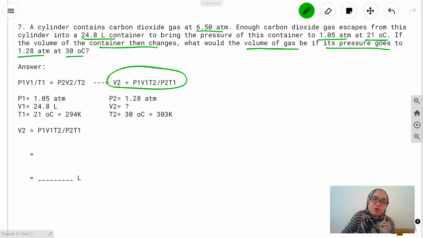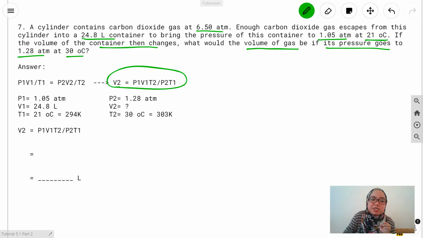We list down all the information, we extract all the information from the question. We get P1 is 1.05, V1 is 24.8 liter, T1 is 294 Kelvin. P2 is 1.28 atm, T2 is 30 degrees Celsius, and V2 is what we want to find, the final volume.